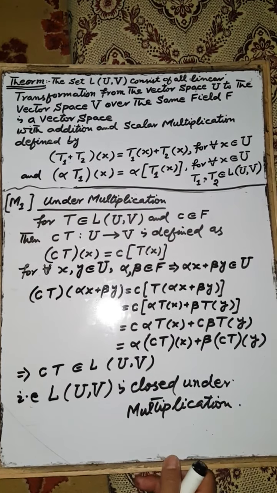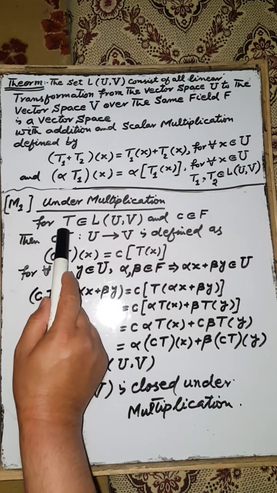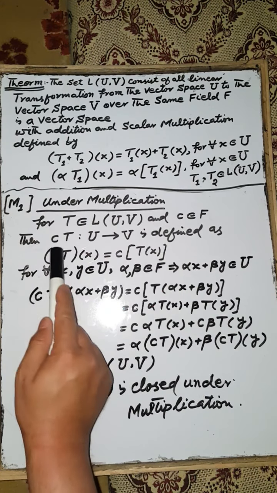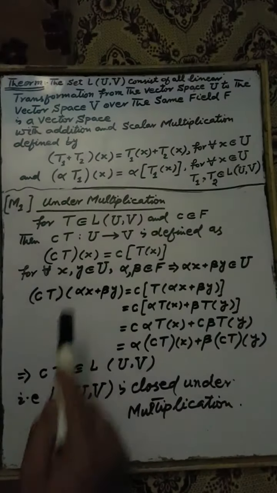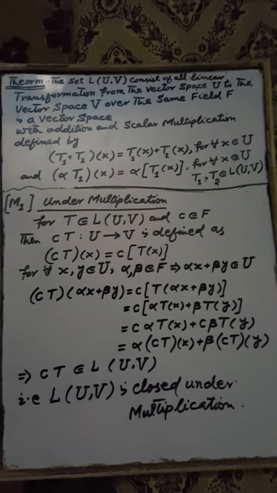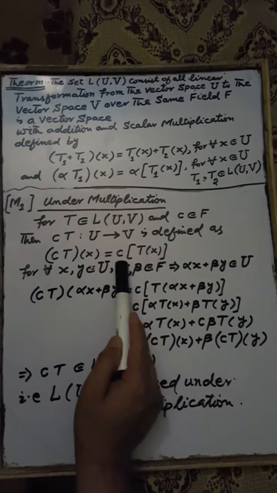Under scalar multiplication, for any linear transformation T and any constant C, the mapping CT from U to V is defined as (CT)x equal to C(Tx).